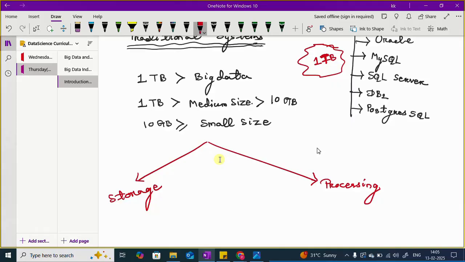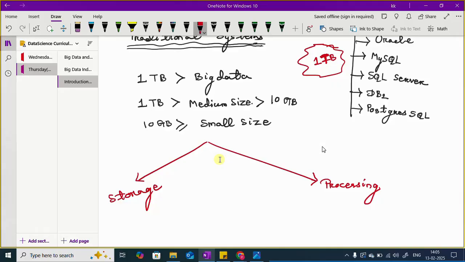It will take a lot of time for the SQL query to run on that server. If you write select star from the employee table where salary is in this range, it will take at least a few minutes to get the result.